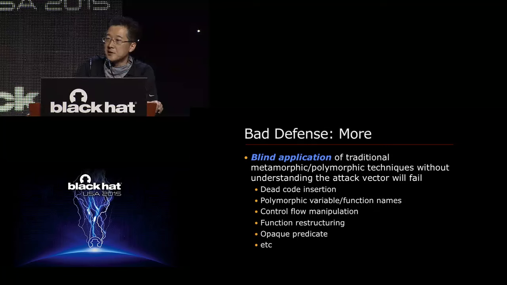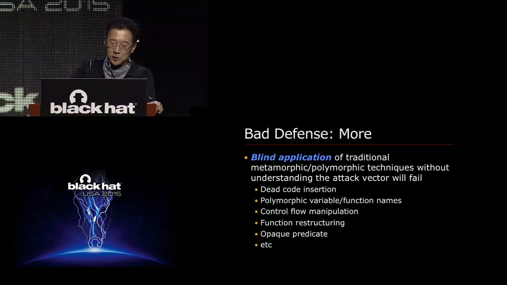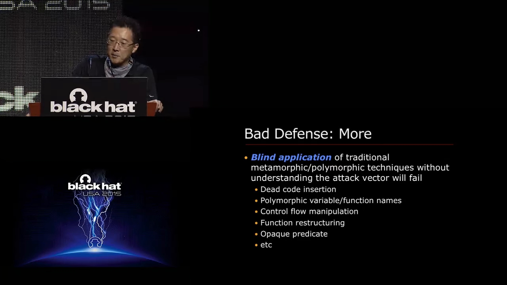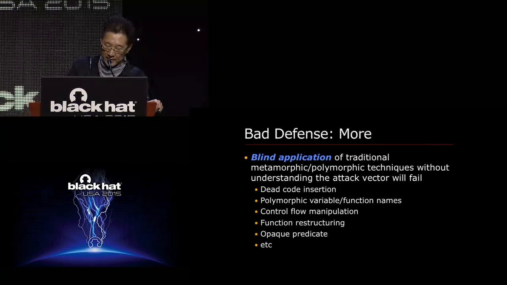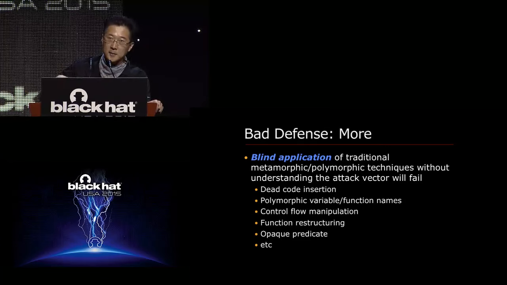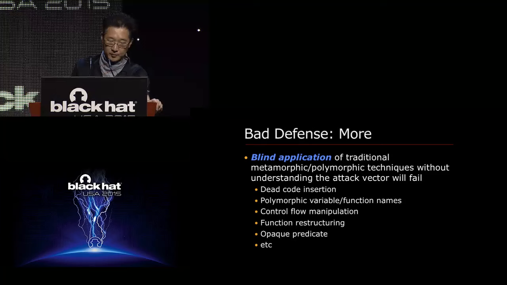So, in summary, if you simply blindly apply all of those algorithms to protect your evasion code, it may not work, because you have to first understand what you're protecting, and then you can apply the actual protection algorithms on top of it.